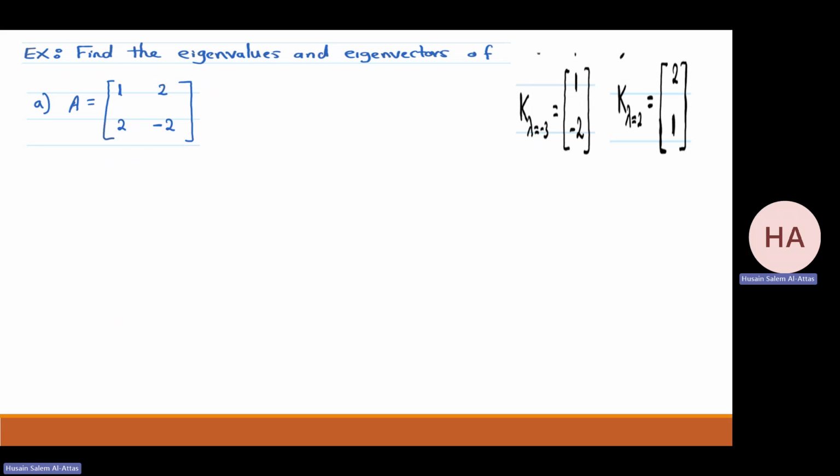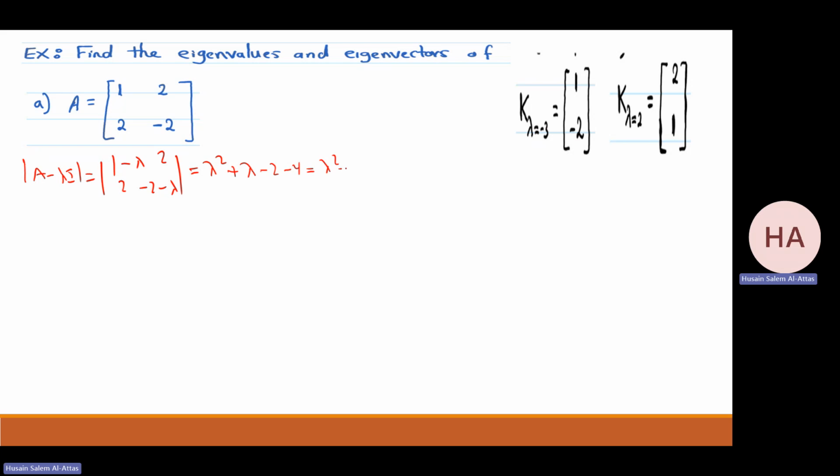Okay. Find the eigenvalues and eigenvectors for this. So I need to do the determinant of A minus lambda I. 1 minus lambda, 2, 2, minus 2 minus lambda. You have lambda square, minus 2 lambda, minus lambda, plus 2 lambda, minus 2 minus 4, sorry.